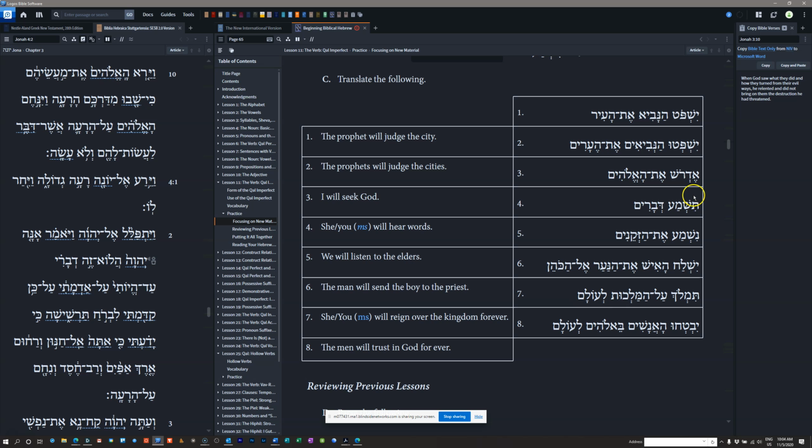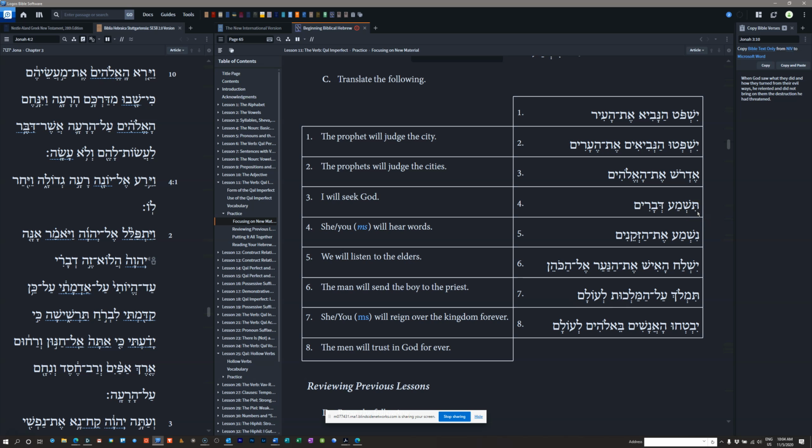All right, number 4, again, expecting a verb here. How many root letters is a verb supposed to have? 3. How many do I have? I have 4. What are my prefixes? What are my suffixes? Does ayin ever attach as a suffix? Never. We never add ayin as a suffix, so this must be part of the root. What about prefixes? Is tav ever used as a prefix?